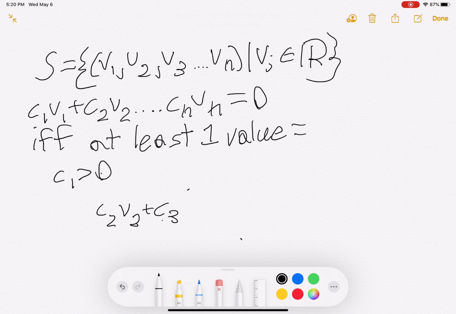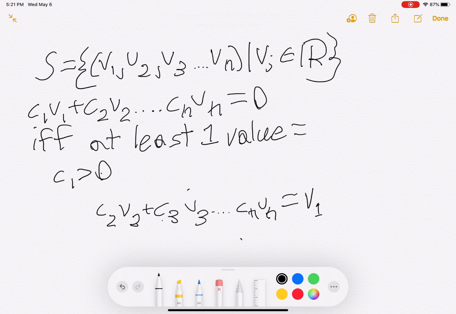Plus c3 v3 to cn vn, right, is equal to some vector v1. So that would make a set linearly dependent, right? Because there's some combination of these vectors that can be manipulated so that it becomes some vector v1, which is a member of this set, right?